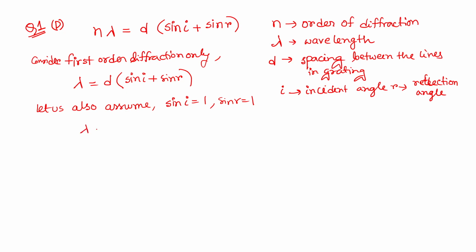So you are going to get lambda is equal to 2d, or your spacing is going to be lambda by 2.